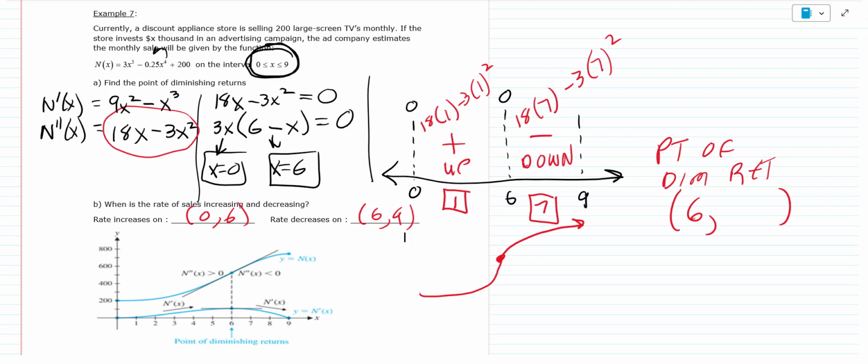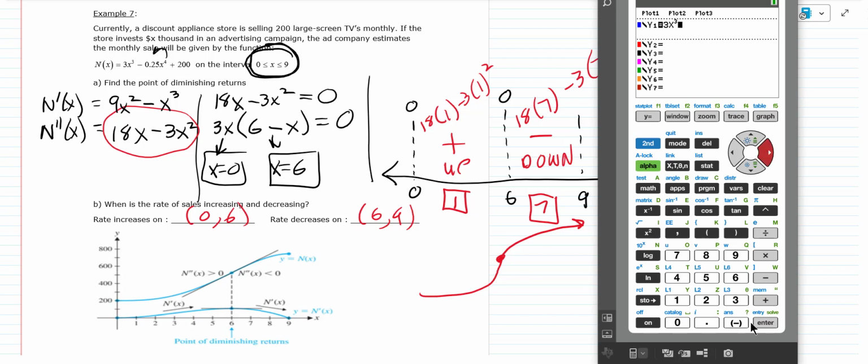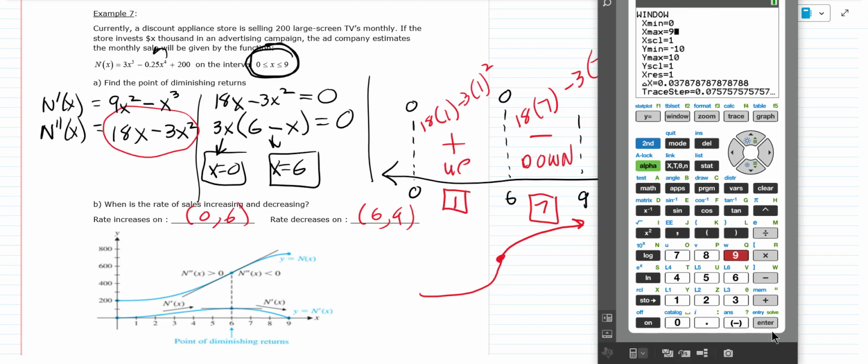Basically, what you could do on this real quick is use the calculator. You don't need to do this because I'm about out of time here. So if I graph 3x to the third, minus 0.25x to the fourth, plus 200, and I'm going to do a window of 0 to 9 because I was given that in the problem, and 0 to 800.